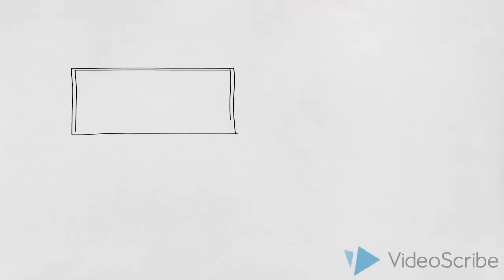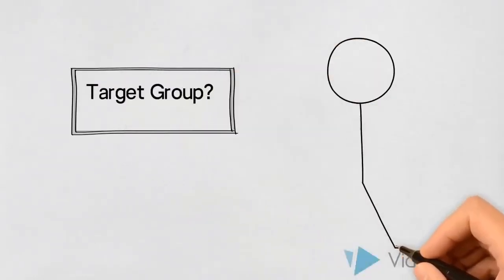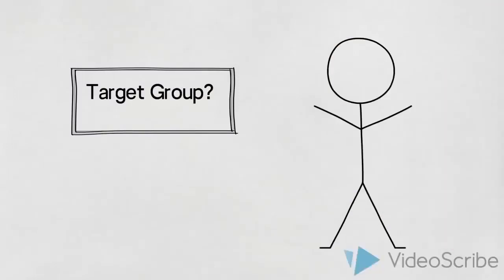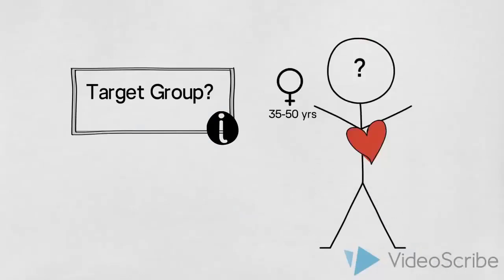Another core element in planning a successful integrated marketing campaign is knowledge about the chosen target group. We need to know who they are and what makes them tick. For this short video, let us just give a brief description of the French Cafe's chosen primary target group. They are 35 to 50-year-old women who are out shopping with their girlfriends.